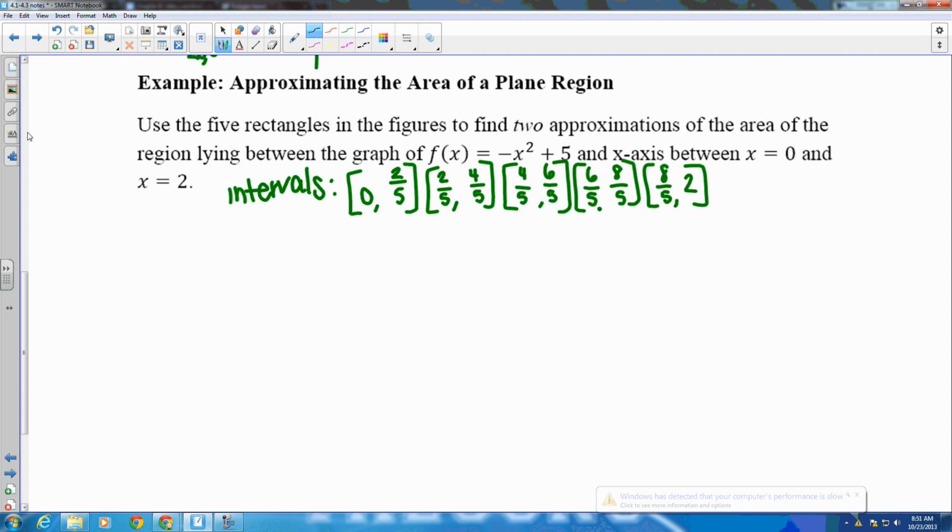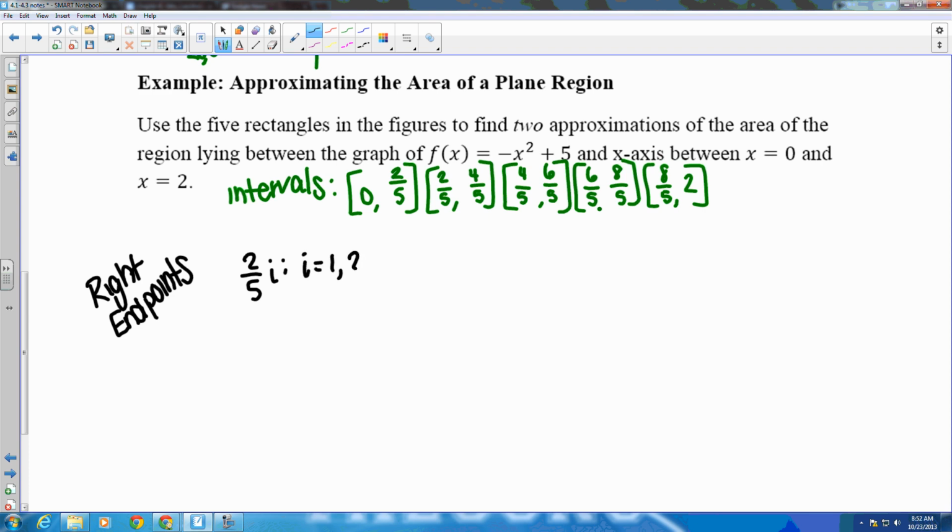One of our approximations is going to be using the right endpoints. Those right endpoints are going to be the width times i, where i is our index. Our right endpoints are going to be 2 fifths i, because that's the width of each one of our rectangles.